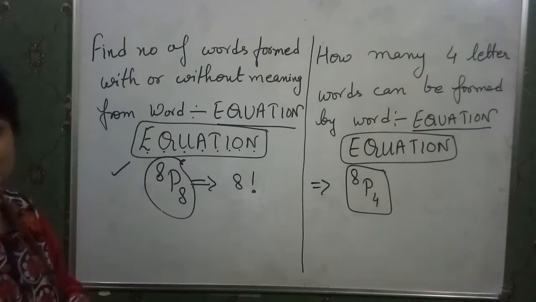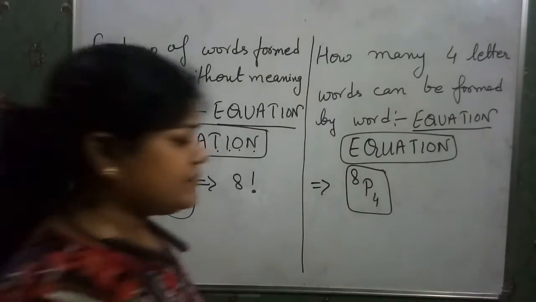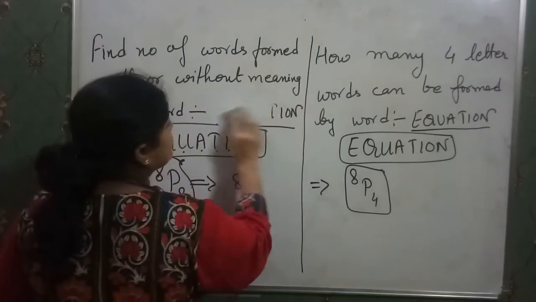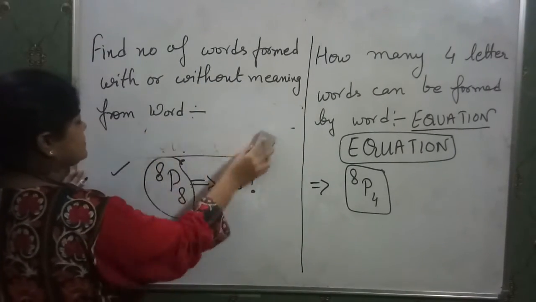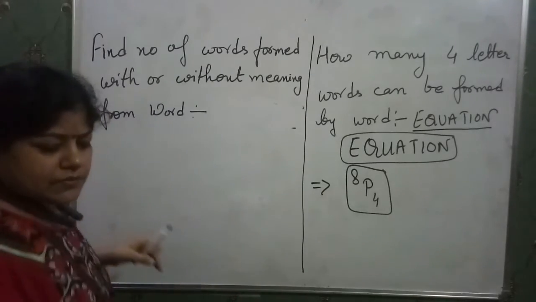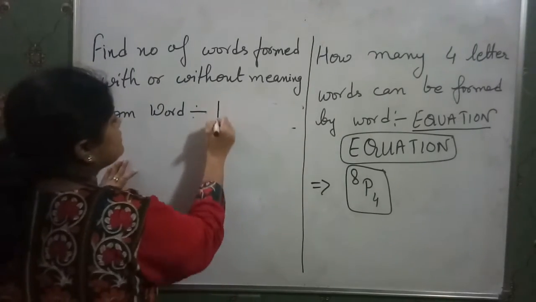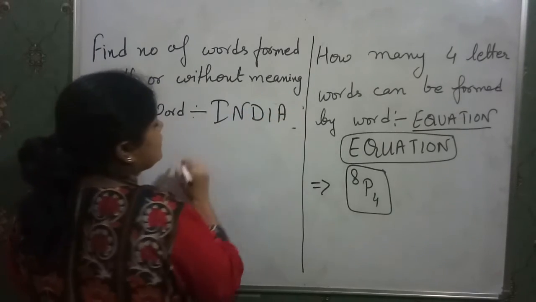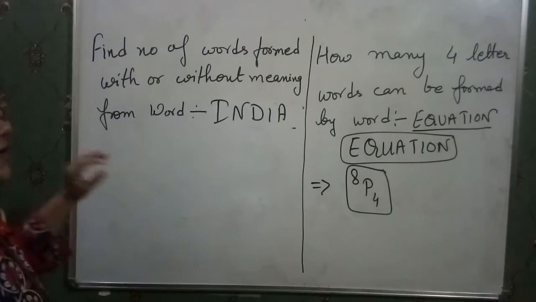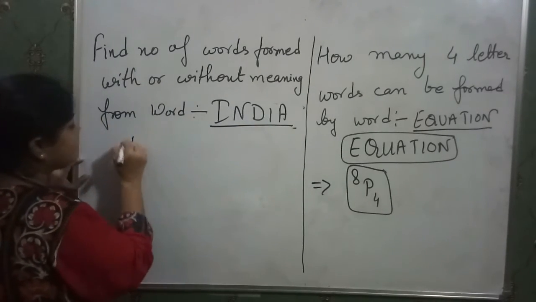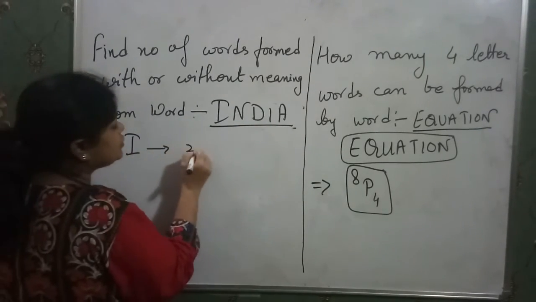Now the next question I'm going to take is where letters are repeated. For example, now we have a case. I have the word India, and we have to form words. Now in this word we find that I is repeated 2 times.